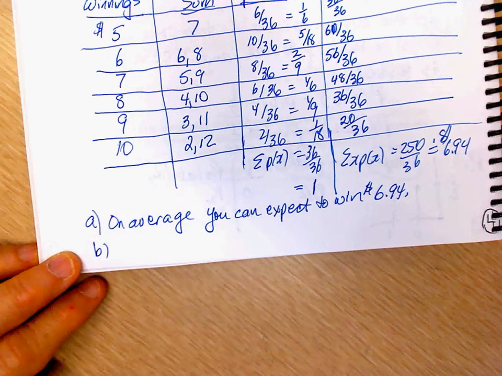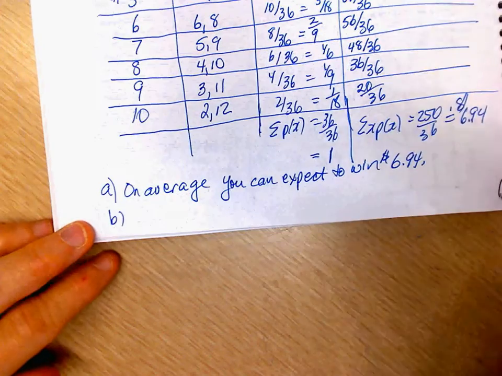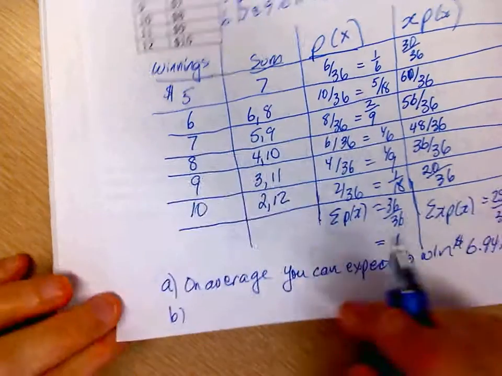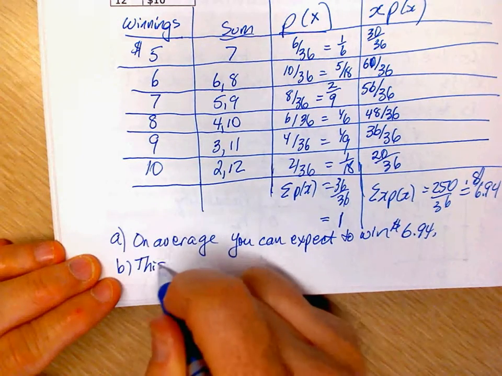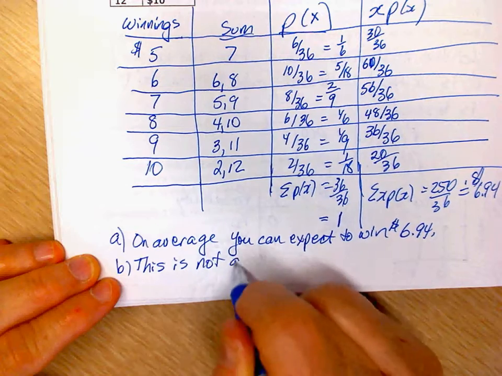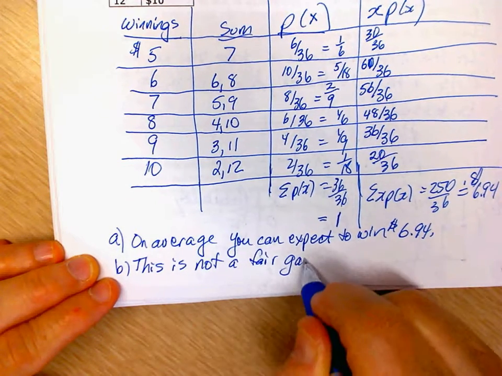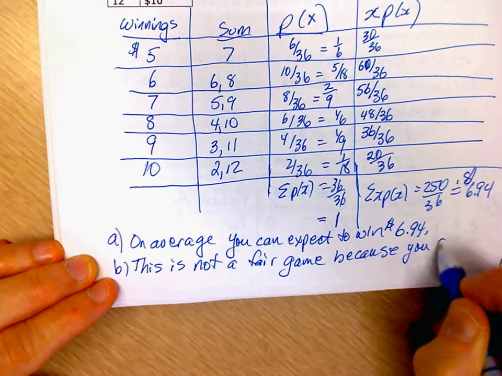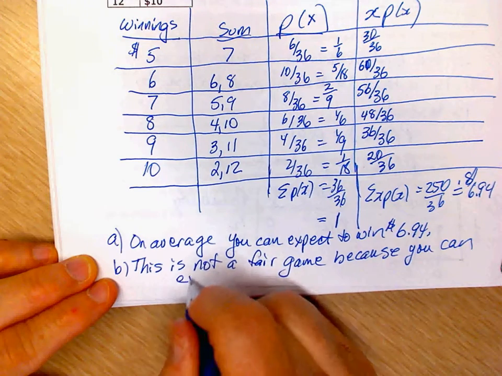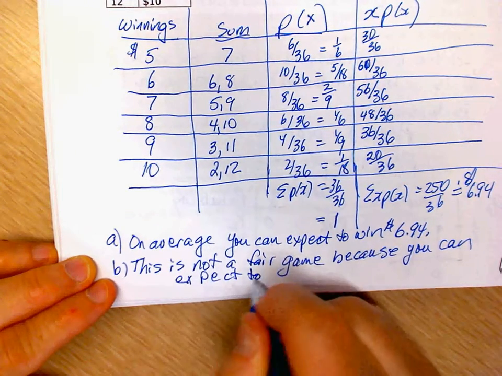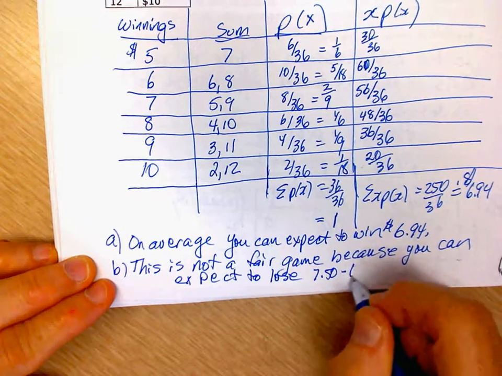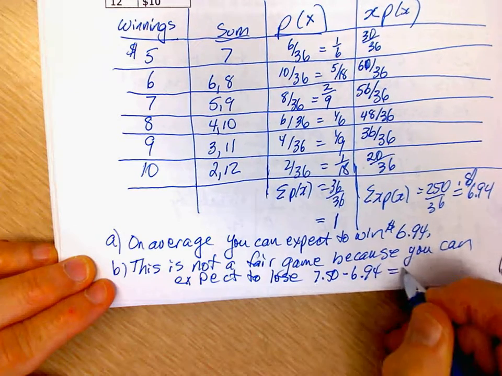B, right? What would be a fair price? Now see how it costs $7.50 to play? So this is not a fair game, because you can expect to lose $7.50 minus $6.94, 56 cents per game.